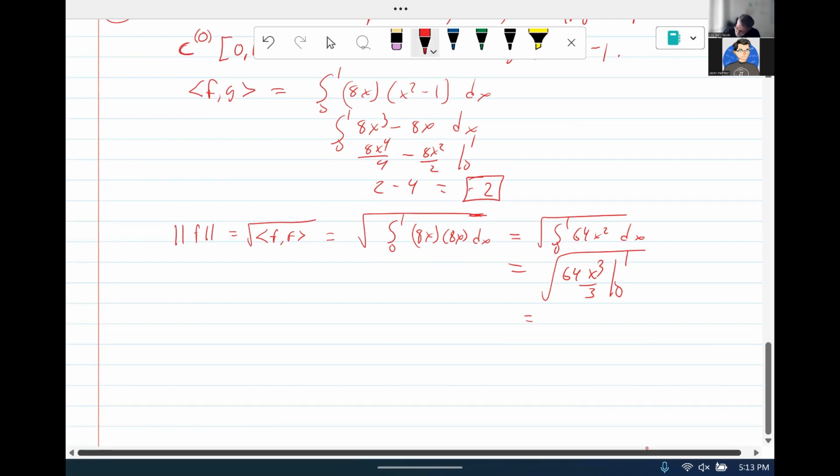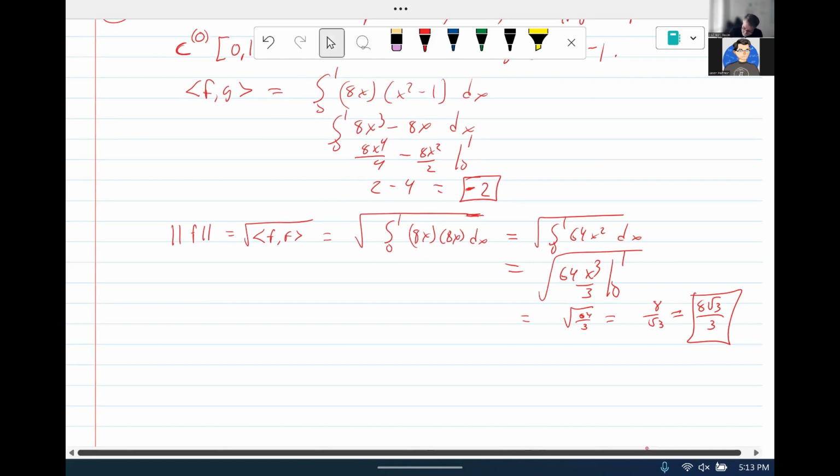So this is equal to the square root of 64 thirds, which is equal to 8 over radical 3. You can leave it like that if you want, or if you want to rationalize the denominator, that's 8 radical 3 over 3.